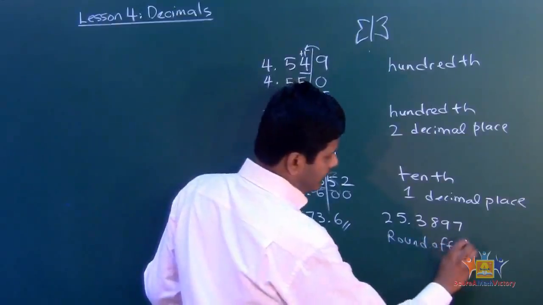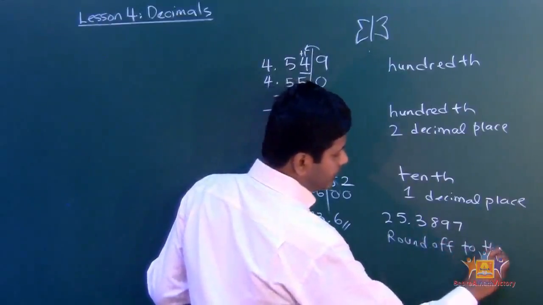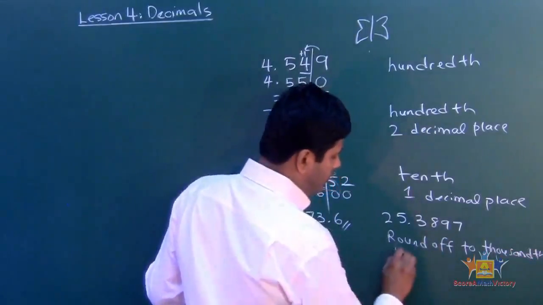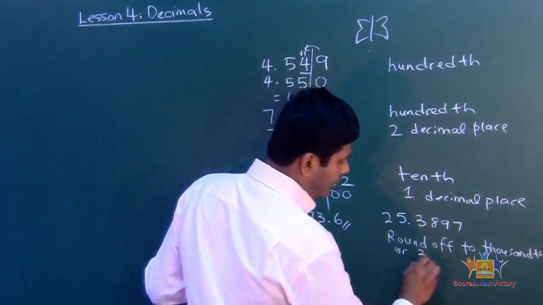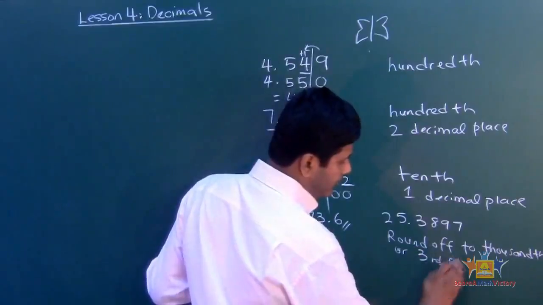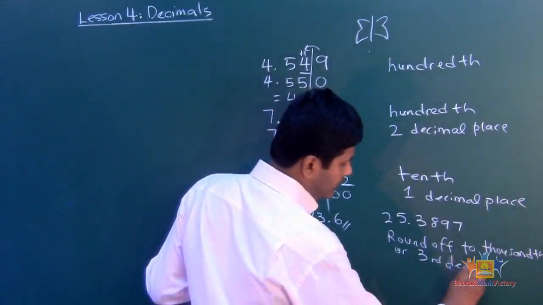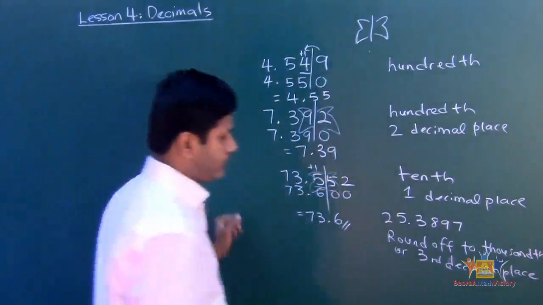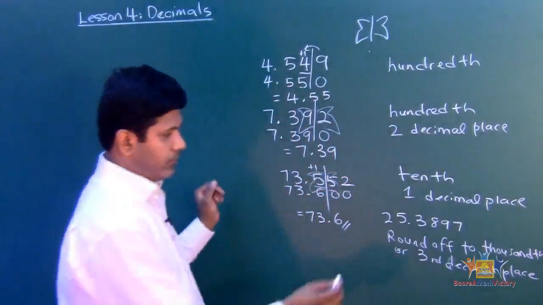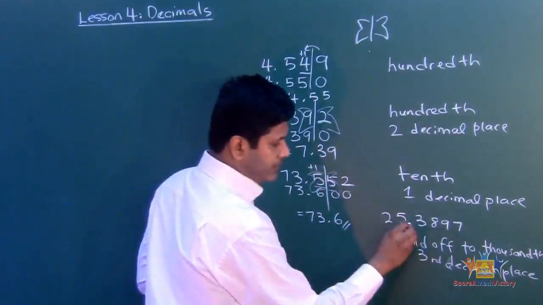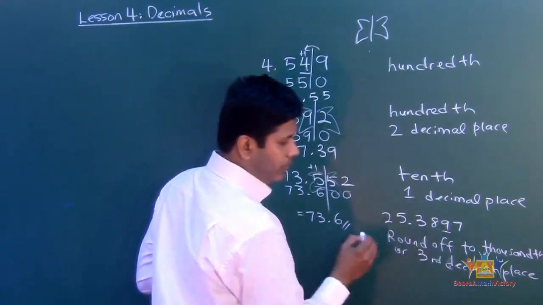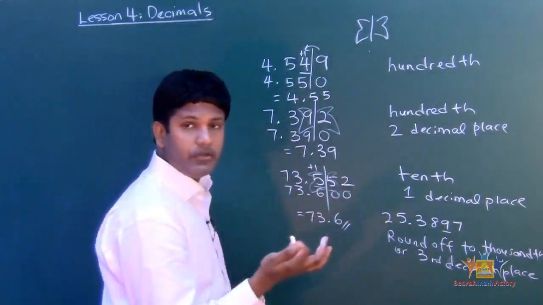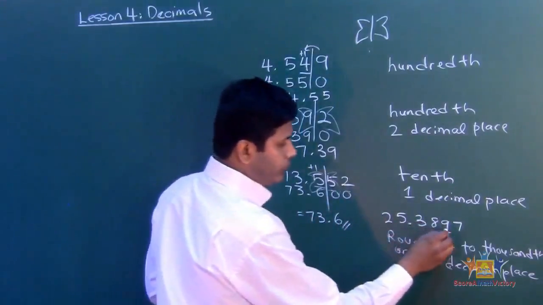Round off to the 1000th, or third decimal place, which is the same thing. That means third would be 1, 2, 3, because the decimal right there, 1, 2, 3, this one. Or 1000 would be, that's right there. 1000 is how many zeros? 3 zeros. So 1, 2, 3, and that's the one.